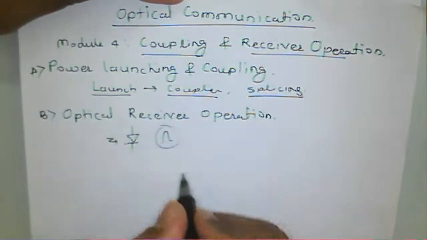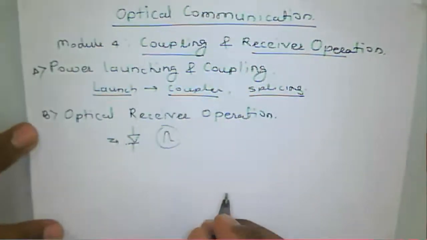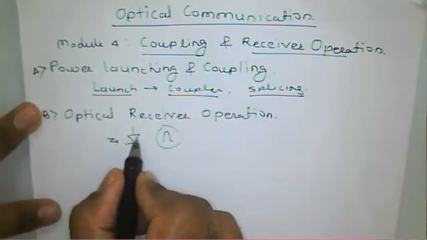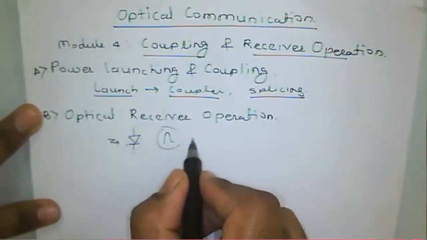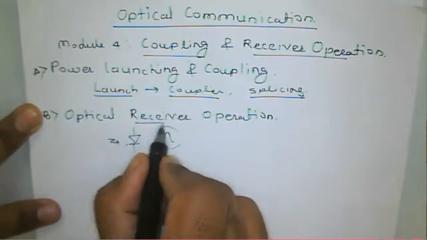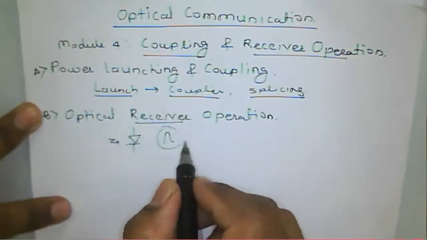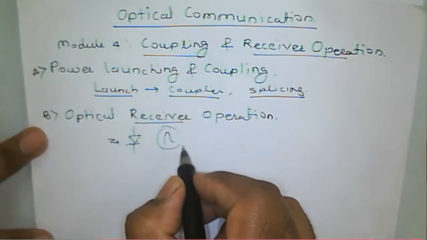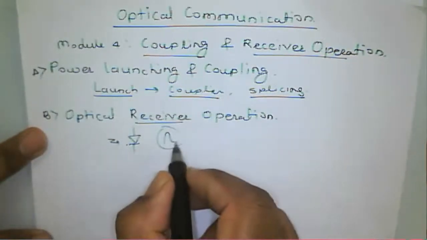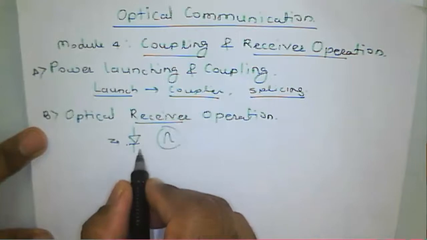Because the photon is converted to a current, we then need to amplify that current. So after the detector in a receiver, we have an amplifier or a pre-amplifier. We will learn the various types of pre-amplifier used in the receiver operation.